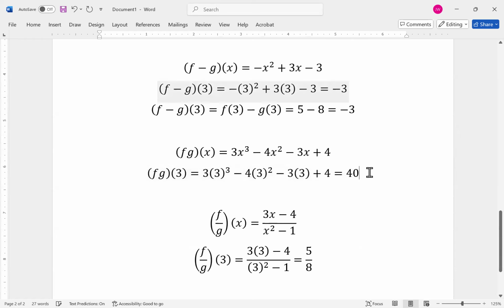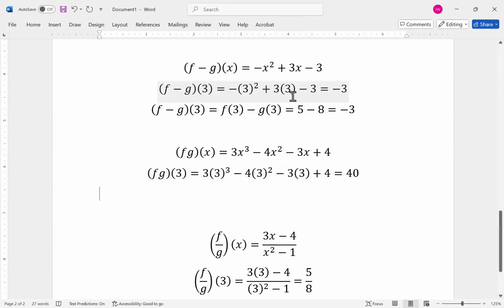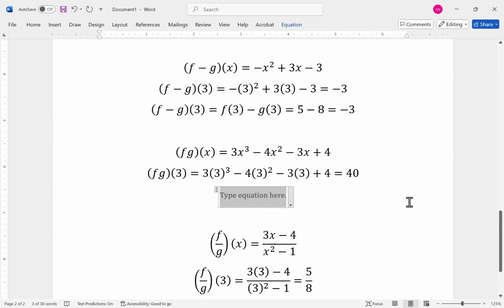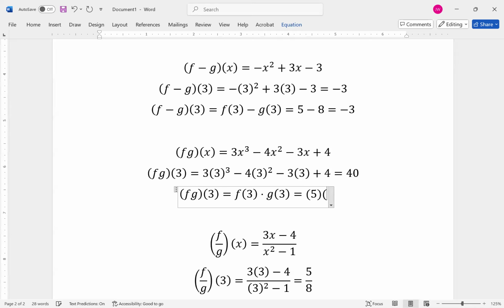Same thing with multiplication. I won't write down every step, but in this case, we could have said, f times g of 3 is actually f of 3 multiplied times g of 3, which is 5 multiplied times 8.